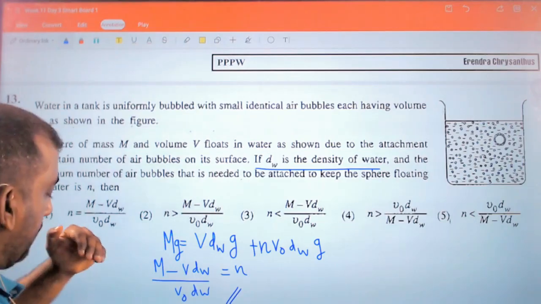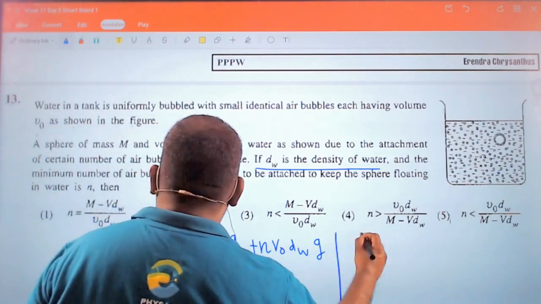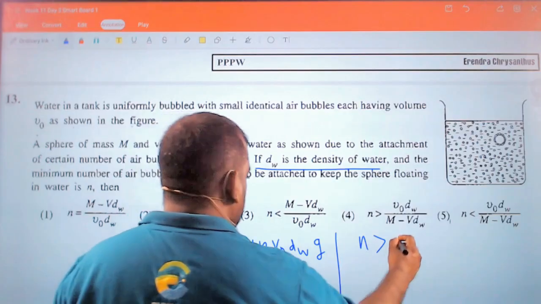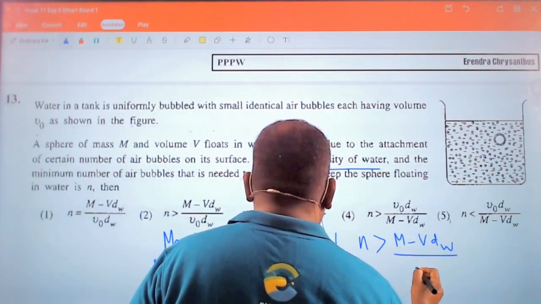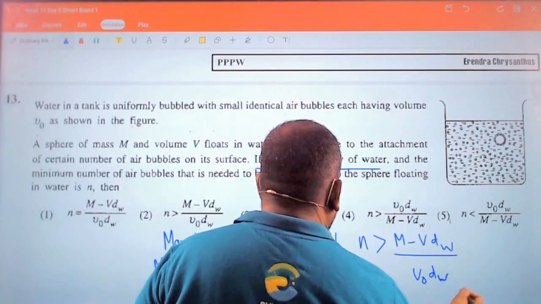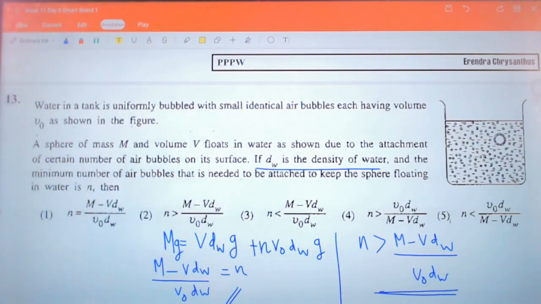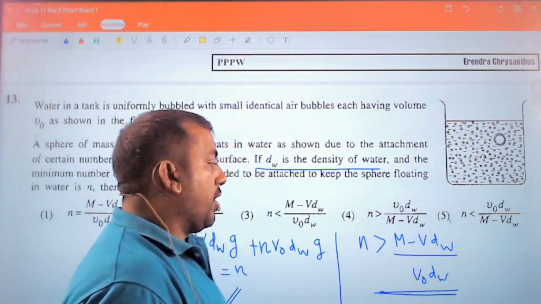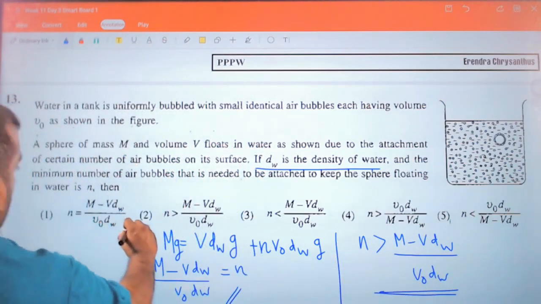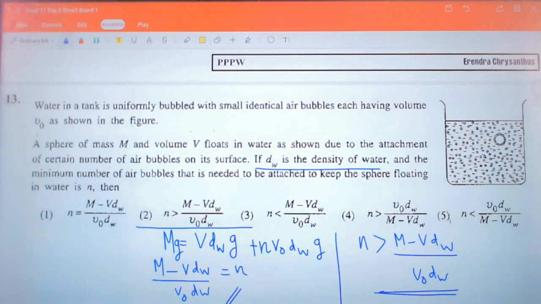So, if the number is larger than this, it is guaranteed to float. So, M minus V dW over V0 dW. The correct answer is answer number 2.